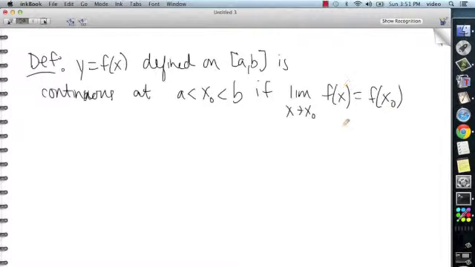Now notice there's actually 3 things that have to be true for this to be true, and the continuity test describes all of them. Let's go ahead and write that down.